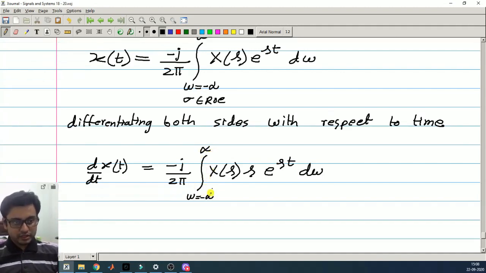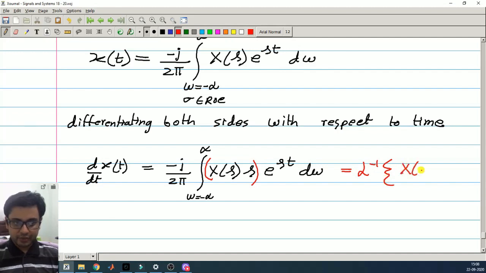Okay, so now if I put a bracket here, it looks like dx/dt is Laplace inverse of this term inside the bracket. Okay, so this is Laplace inverse of capital X(s) with s.